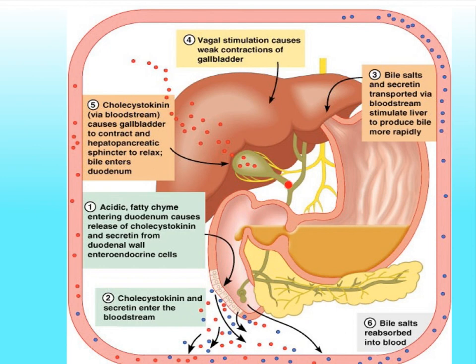Where the cystic duct merges with the common hepatic duct, we form the common bile duct, which we see here, which ultimately is merged with our pancreatic duct. And at the point where these ducts enter into the small intestine, we have our hepatopancreatic sphincter muscle, or the sphincter of Oddi.